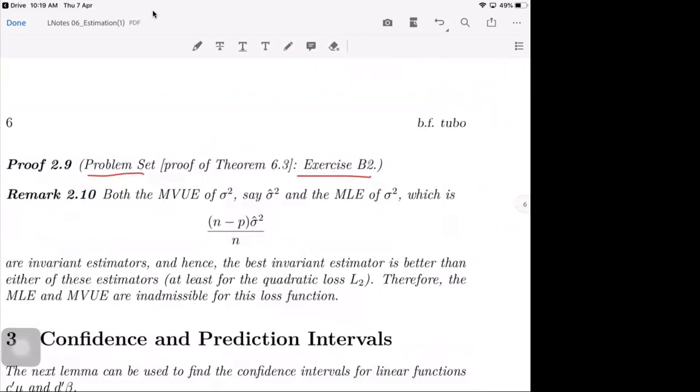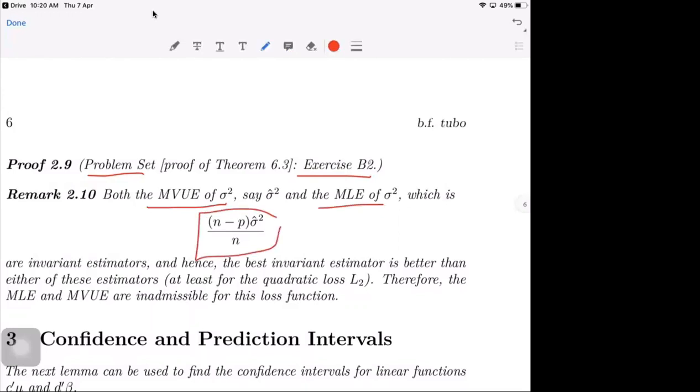Okay. And then both the MVUE of sigma squared and the MLE of sigma squared are invariant estimators. And hence, the best invariant estimator is better than either of these estimators, at least in the quadratic loss function. Therefore, the MLE and MVUE are inadmissible for this loss function. Okay?